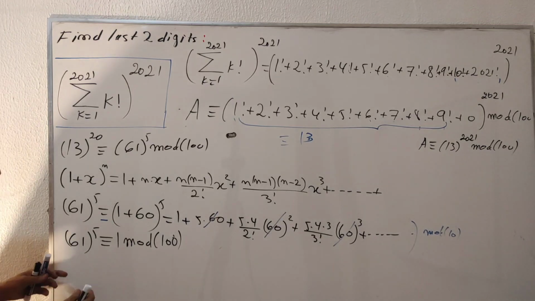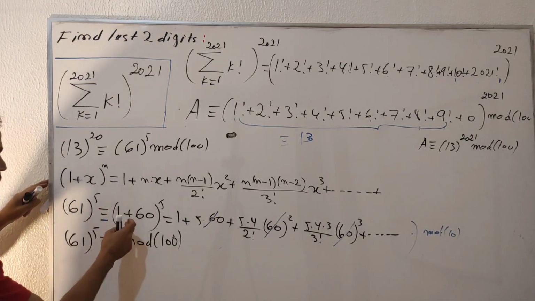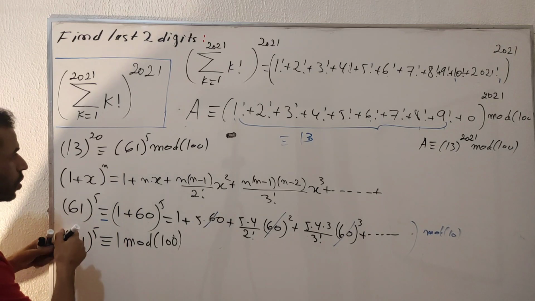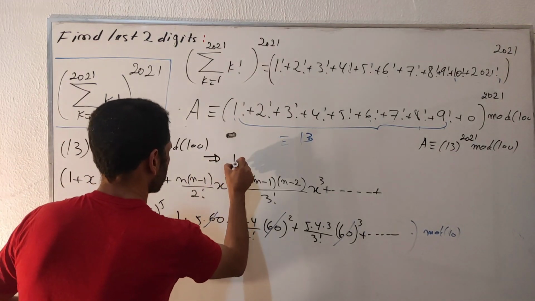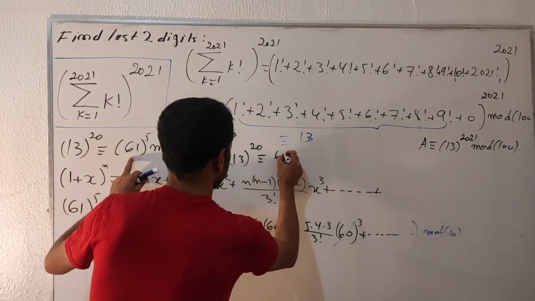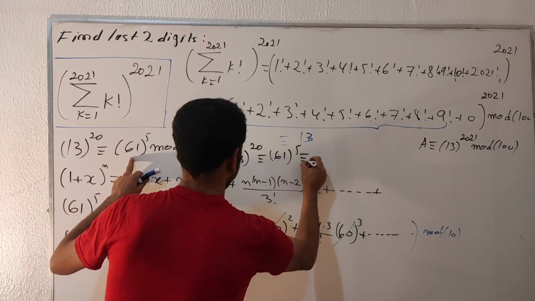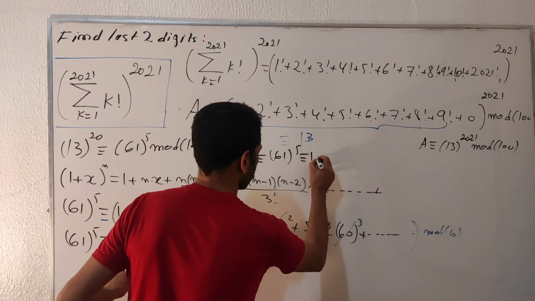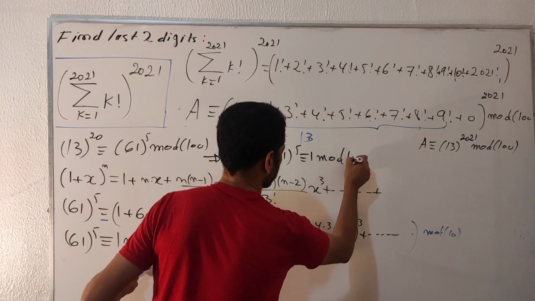Now I found the value I was looking for. So thus I get 13 to the 20 is congruent to 61 to the 5th, which is congruent to 1 mod 100.